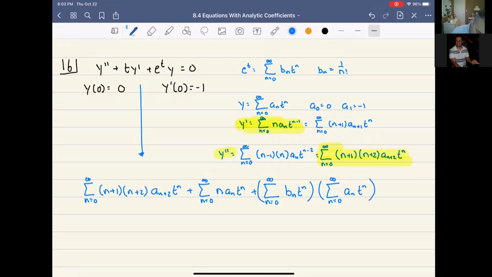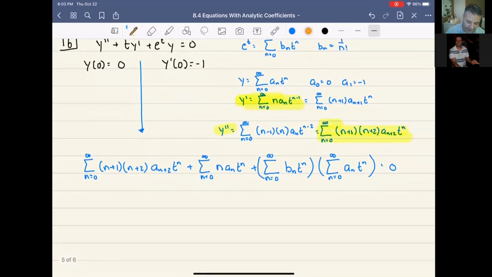That's y. All of that equals 0. Now, next thing I'm going to do, I'm going to go ahead and do that. Remember, when you multiply power series together, let me write it down.